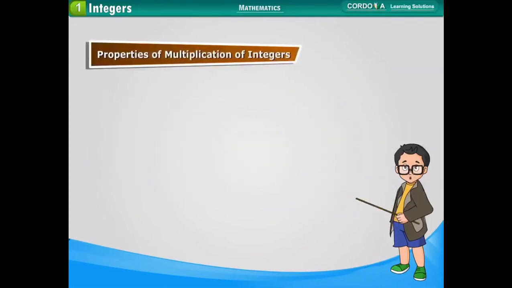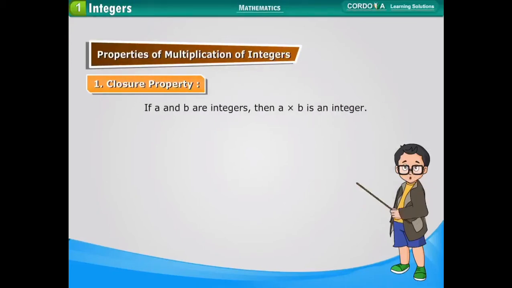Properties of multiplication of integers. Closure property. If a and b are integers, then a × b is an integer.